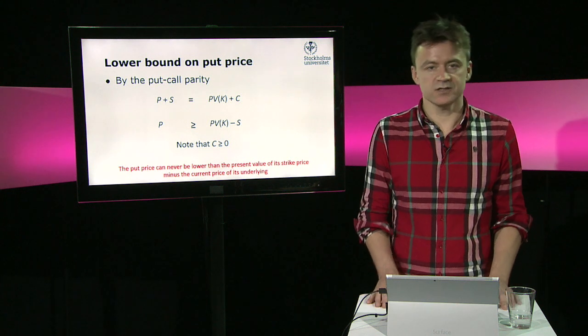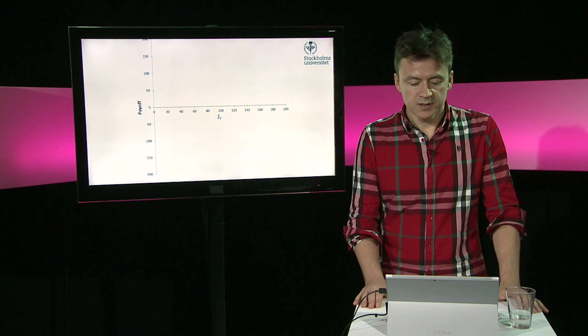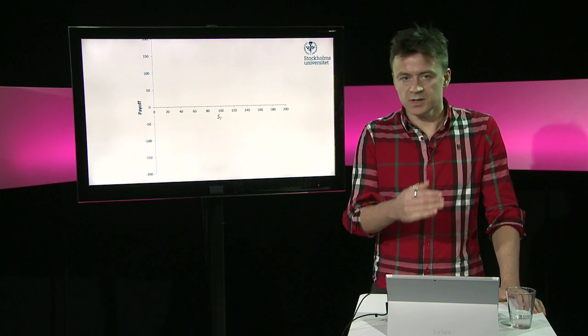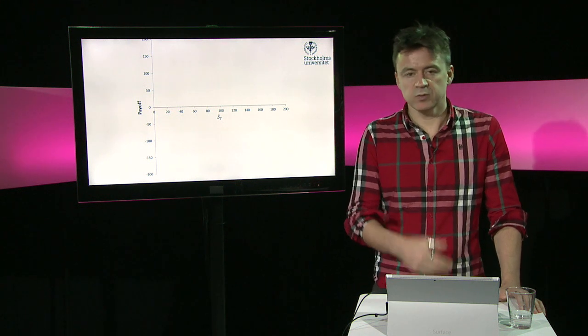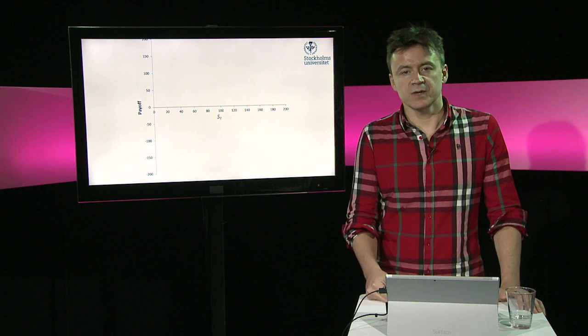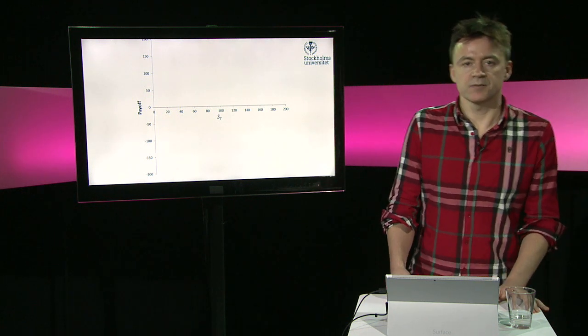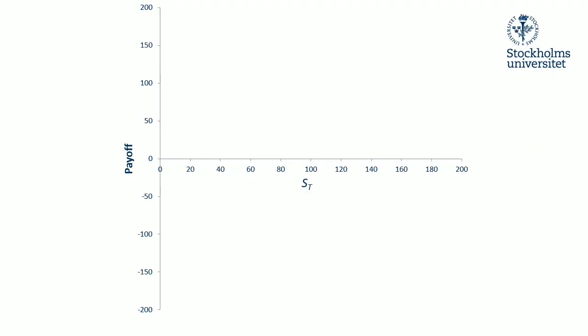And let's see why this is in a graph. So, if we once again plot the final price of the stock in the horizontal axis and payoffs in the vertical axis, let's start with the components of the right-hand side of that inequality.